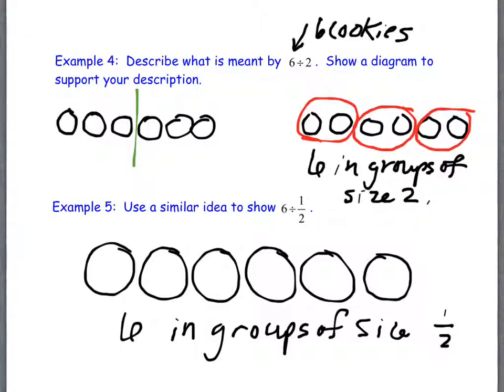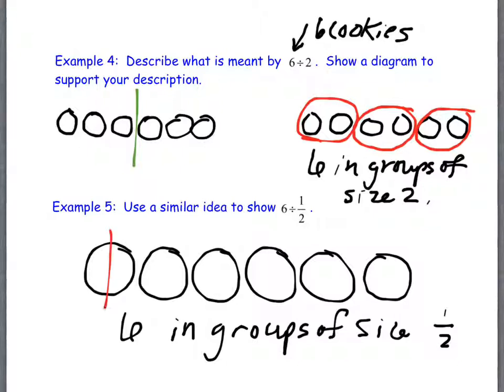My groups don't have 2 in them. My groups now have a half in them. So instead of saying size, I'm going to talk about plastic baggies. I want plastic baggies of cookies. And the number of cookies in each bag is 1/2 of a cookie. Well, how many bags of cookies am I going to have? 12. I'm going to have 12.